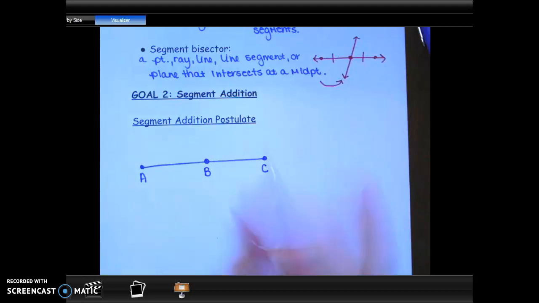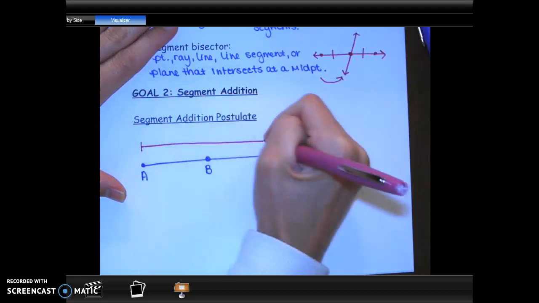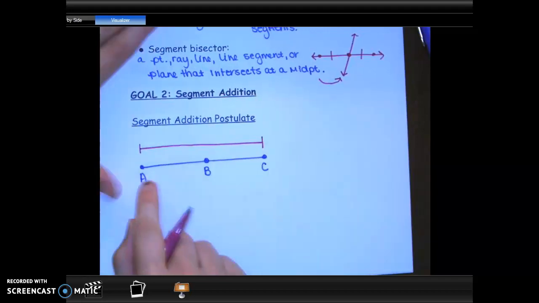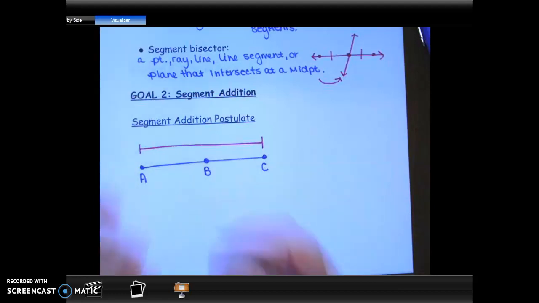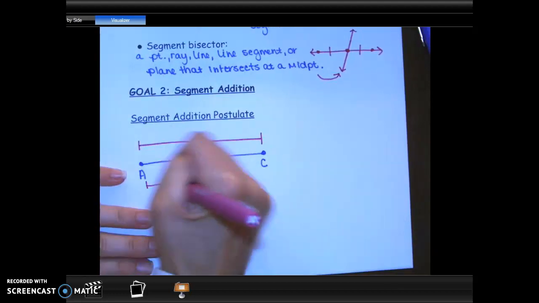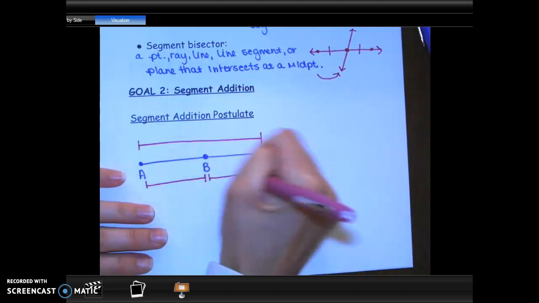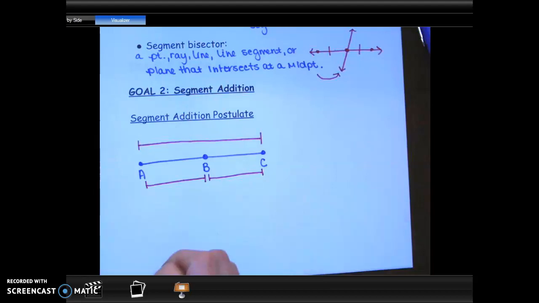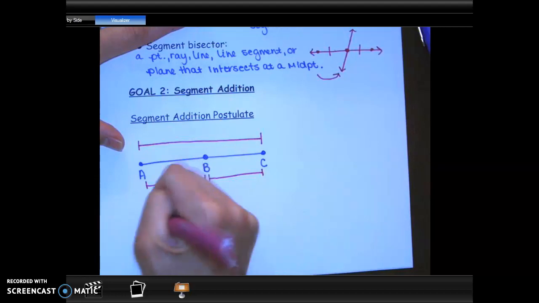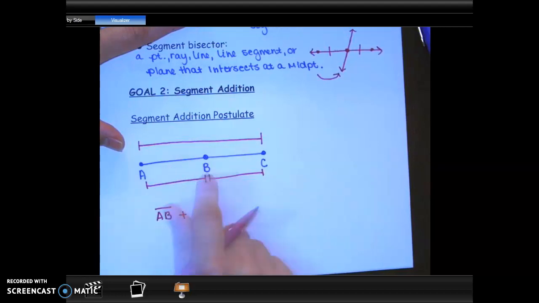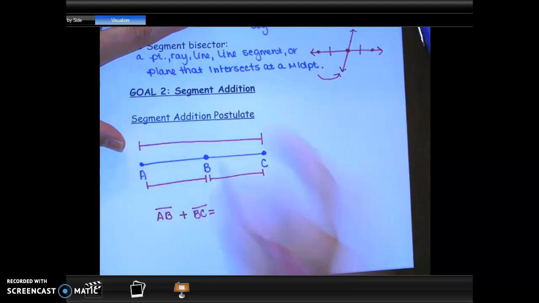When you're looking at your figures, especially in your assessment, anytime you see something like this, it means, okay, the distance from A to C, that's what that represents, okay? And then we have this right here, A to B, and B to C. If I was to write this as a formula, I would say, okay, my two small ones, segment AB plus BC equals the large one, AC.